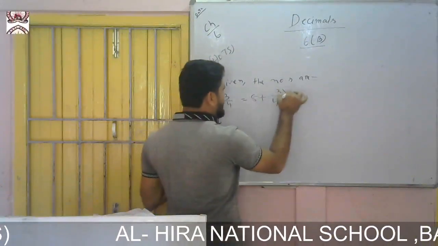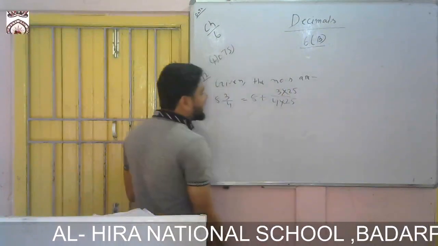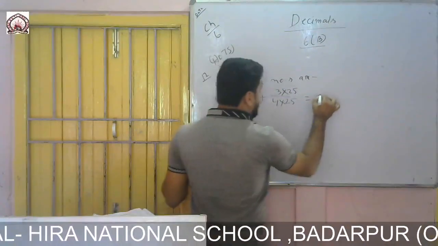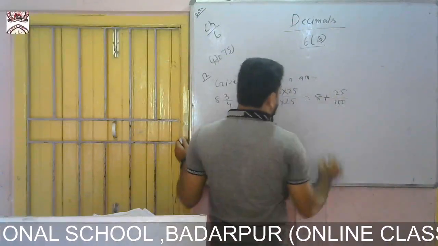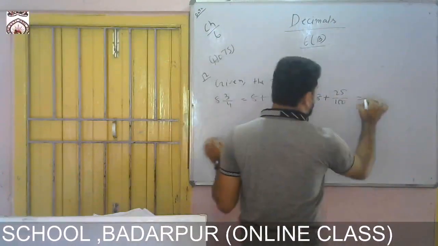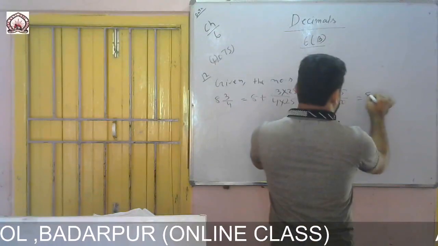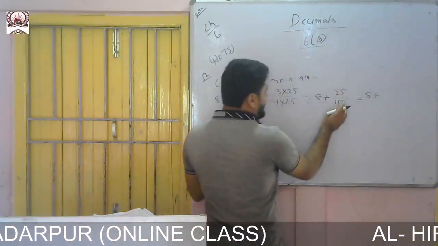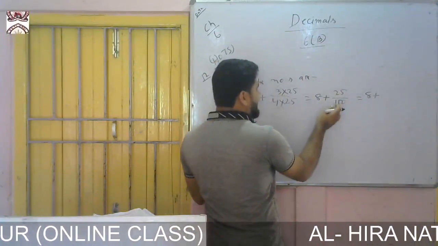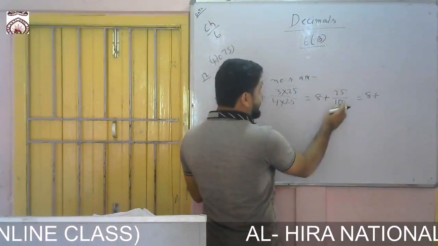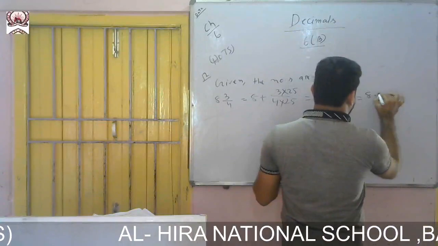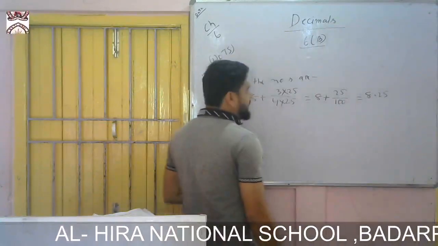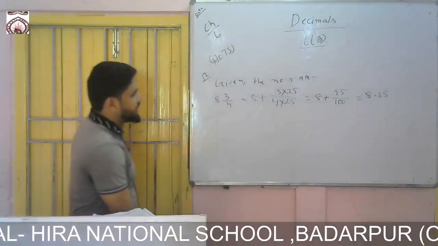In the upper portion it is 3, so I need to multiply again by 25. So it will become 8 plus 25/100. 8 plus 25/100 means I need to divide 25 by 100, so two zeros, two places. It will become 0.25. So 8.25. Like this I can convert.